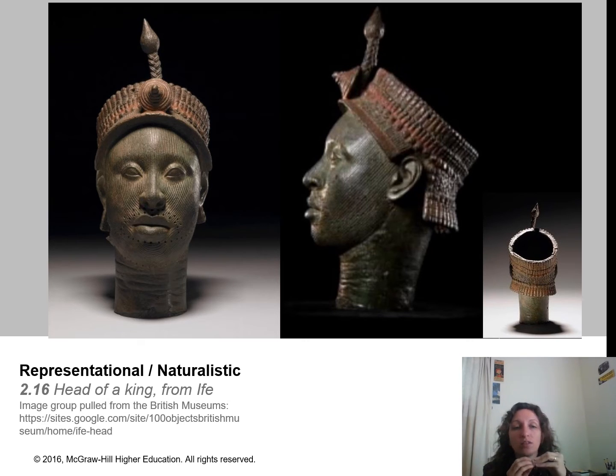We know that this is a representational image of the head of the king, not just a general male figure with a crown on. This is a very specific ruler. We see his individual features, the space between his eyes. It's a very individual, naturalistic representation of this one individual, not a generalized king, but a very specific king.